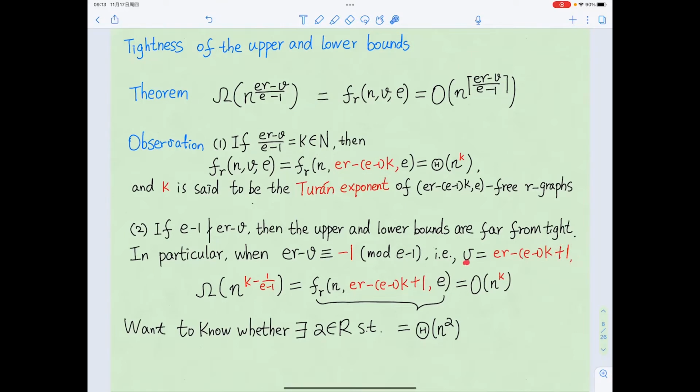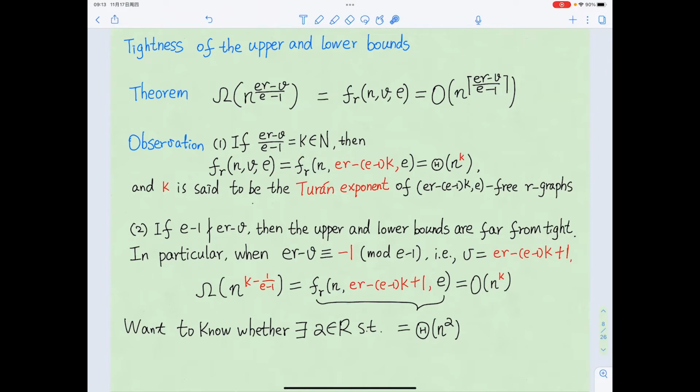In this case, the Brown–Erdős–Sós bound gives the upper bound big O of n to the power of k, and the lower bound is of the order n to the power of k − 1/(e − 1). So the upper and the lower bounds in the exponent of n do not match.